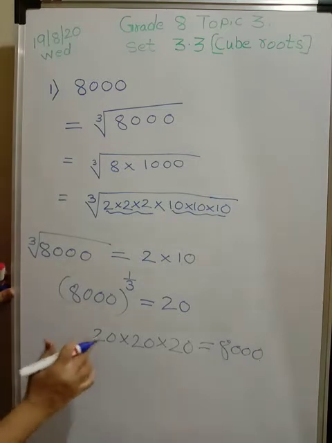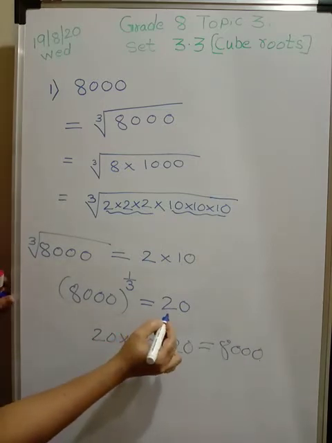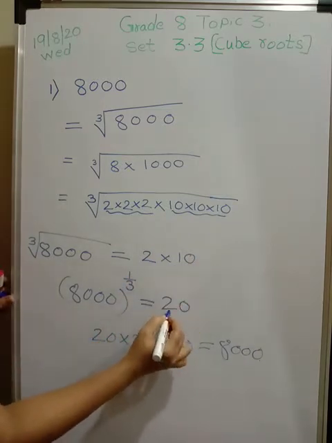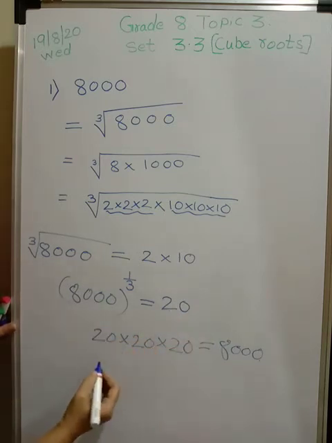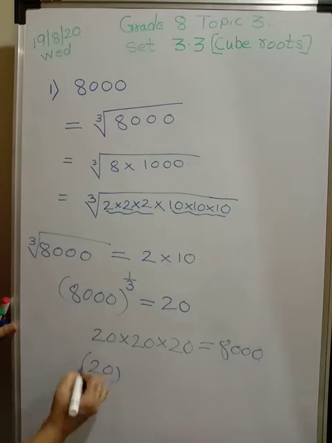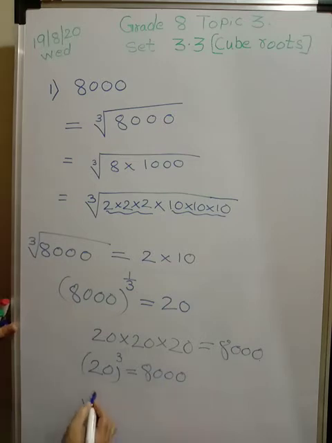So in short, your answer is up till here only, mind well. Your answer is 20. That's it. This is for your verification. I can write 20 cube is 8,000, or cube root of 8,000 is 20.